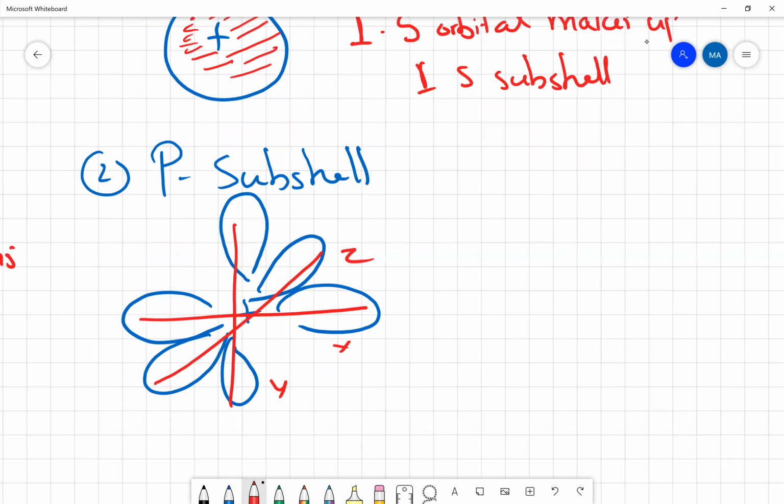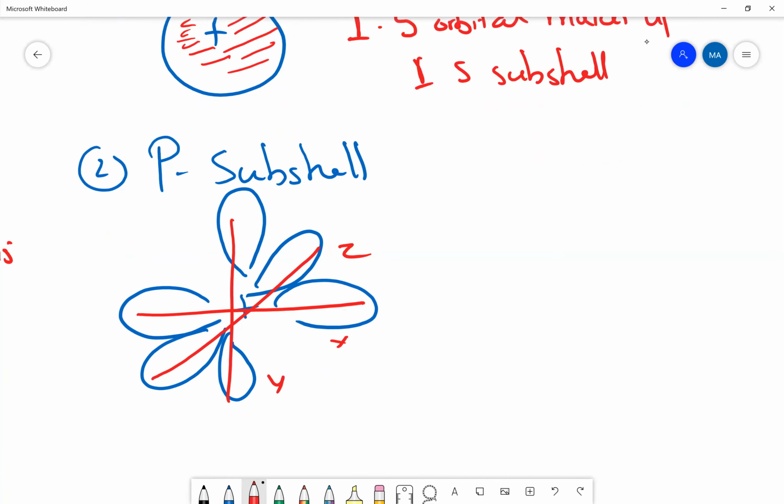So these three orbitals are on all of these three axes. There is a central positive nucleus in between. And the probability of finding an electron is in all of these orbitals, the 3 orbitals and the 6 oval-shaped regions that we have. So let's just color these with green. Green areas are all those where you can find an electron.